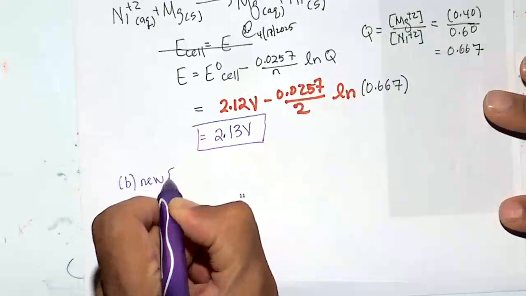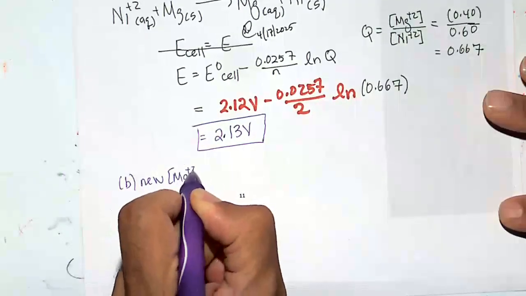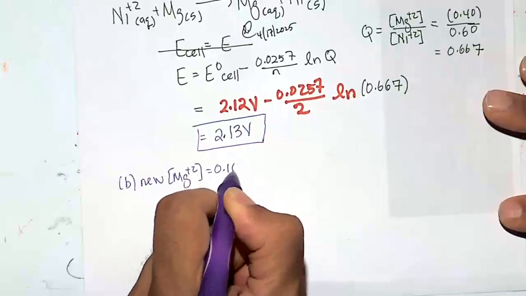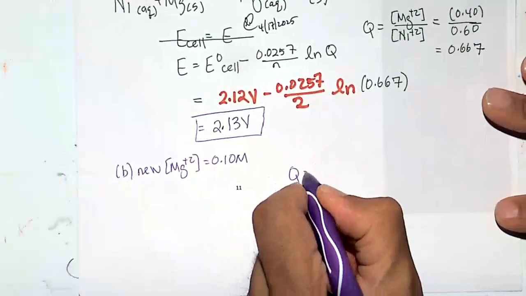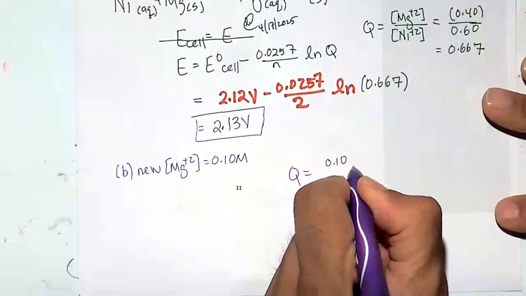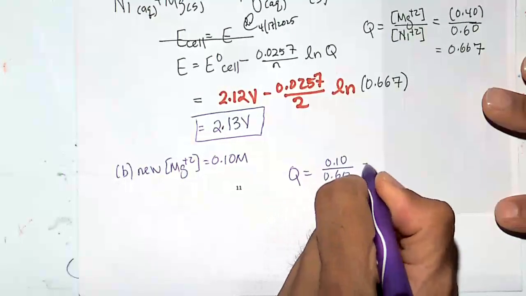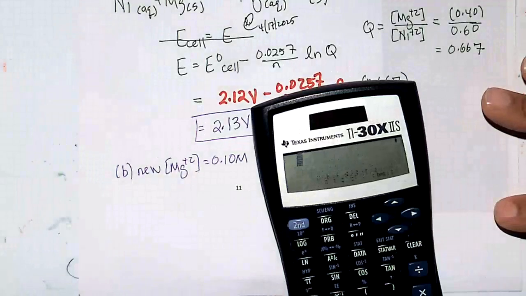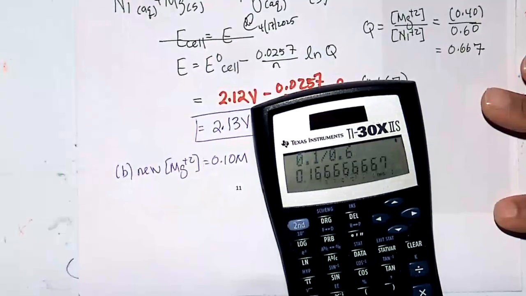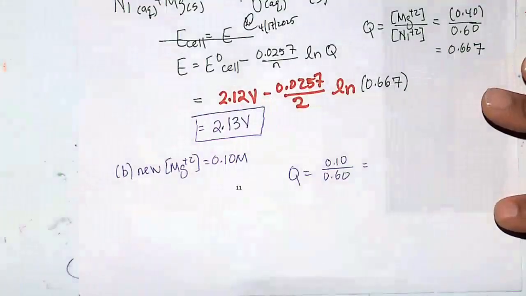The new Mg plus 2 concentration is 0.10 molar. So our Q now is 0.10 molar divided by 0.6, and that's 0.1667.